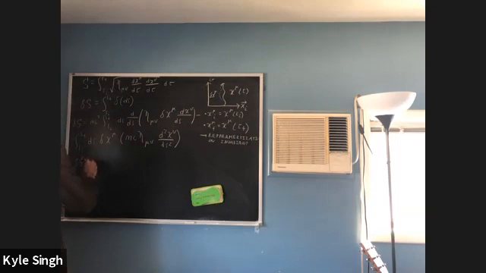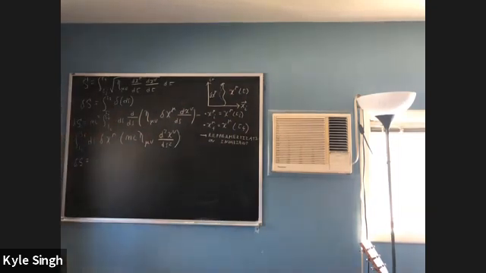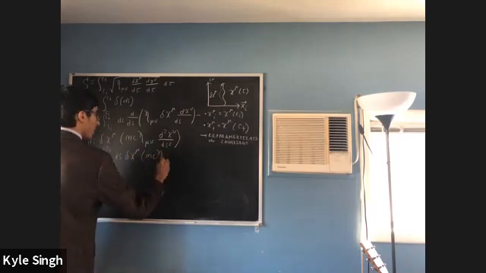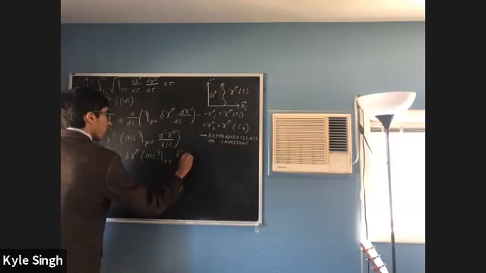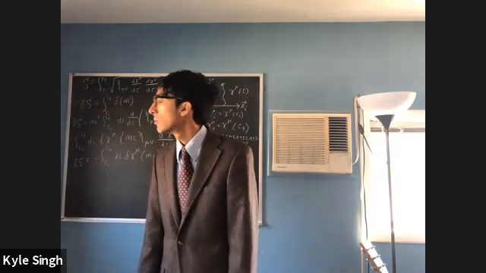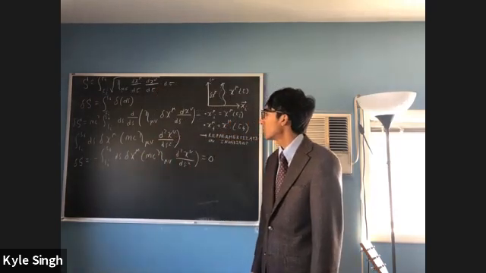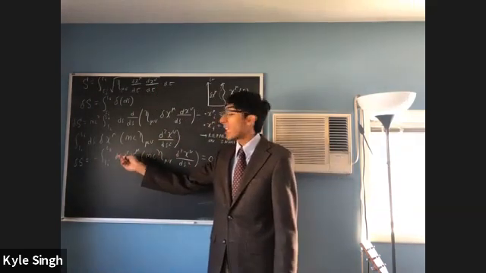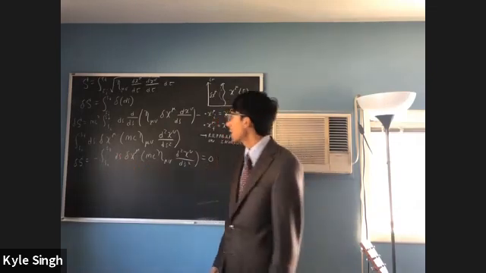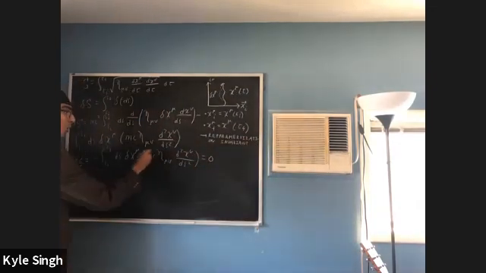And so we get that delta S equals minus the integral from s_i to s_f ds delta x mu mc eta mu nu d2x mu ds squared equals 0. Now delta x mu can be anything, right? Just like rho, delta x mu can be any perturbation. Therefore, this whole bit must be 0.